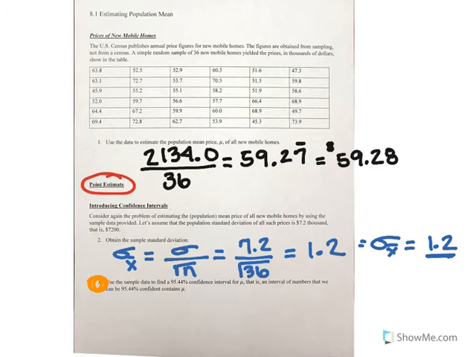Now, if we go back to our problem, it's asking you to use the data to find a 95.44% confidence interval for our population mean. And so, here is the formula for confidence intervals.